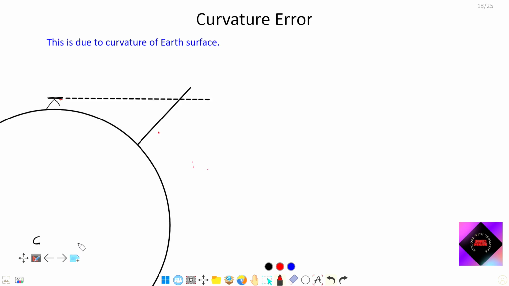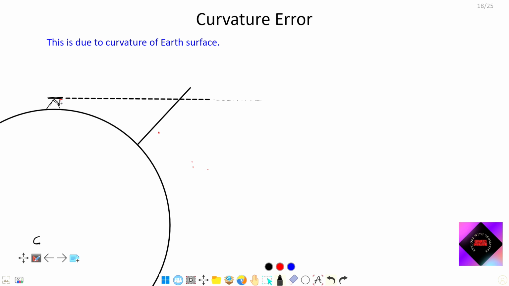Curvature error is the error that occurs due to the earth surface. Let's understand how. When we start doing our leveling process, we set up a tripod, set the dumpy level or auto level over it and level it. So we create a line of sight that is horizontal to the earth surface. But in actual, our earth surface is curved.